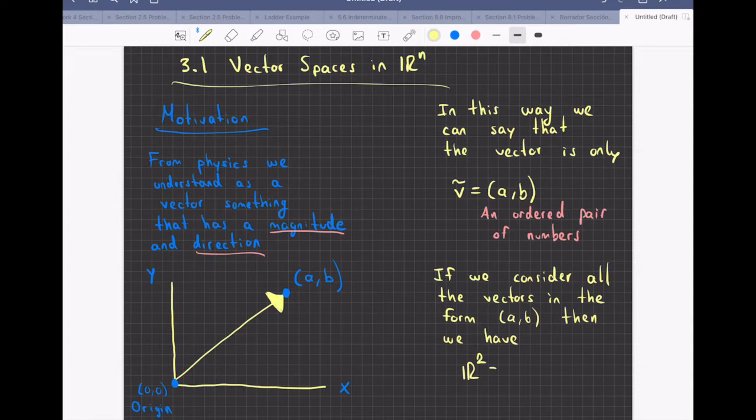Usually this is called the Cartesian plane. I mean, this is all the points that we can have on the Cartesian plane, including the four quadrants. This is when we have a vector, of course, with two components.